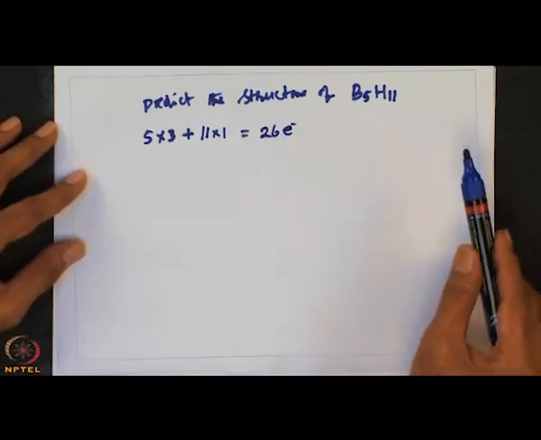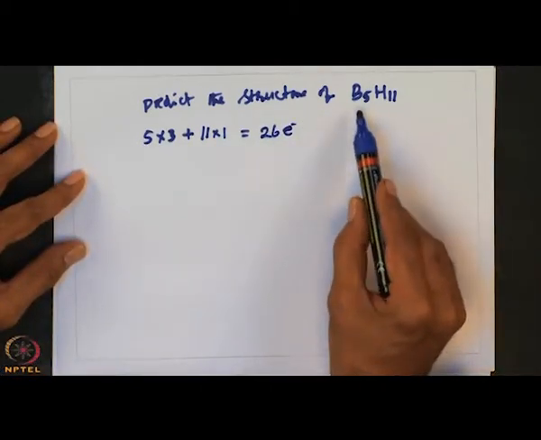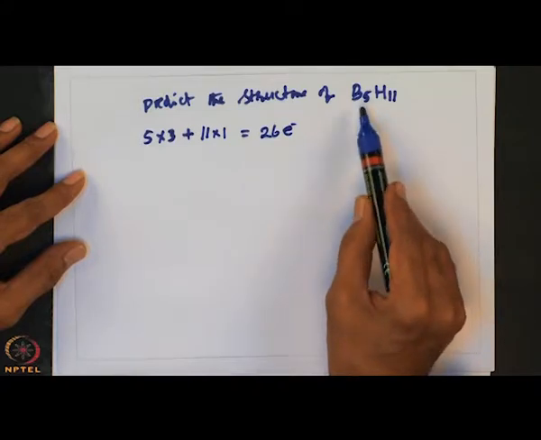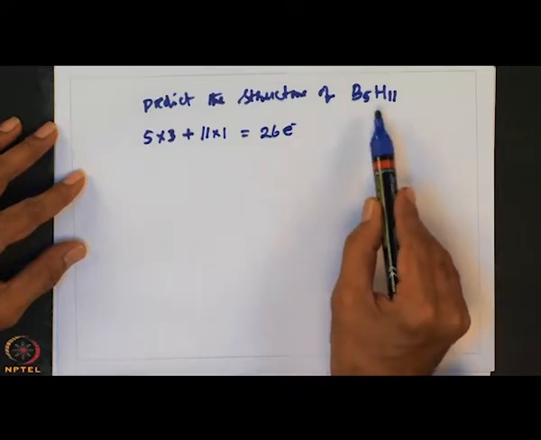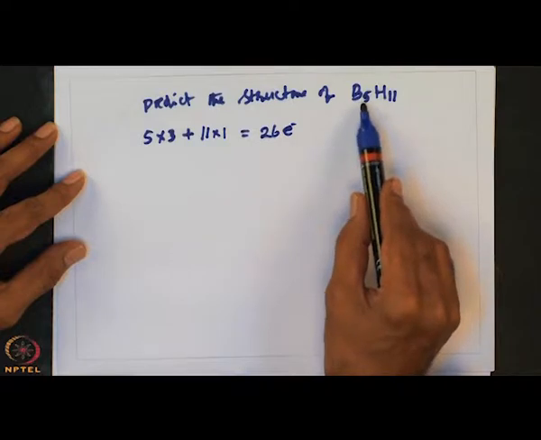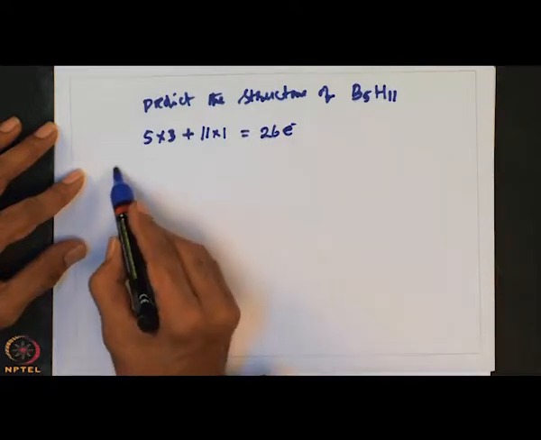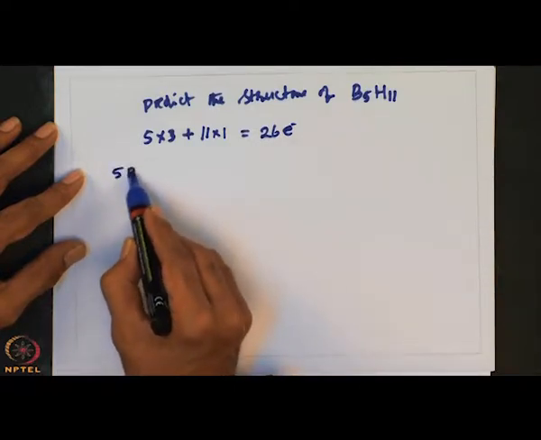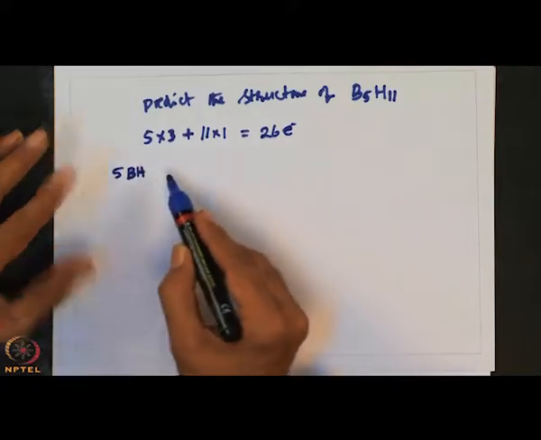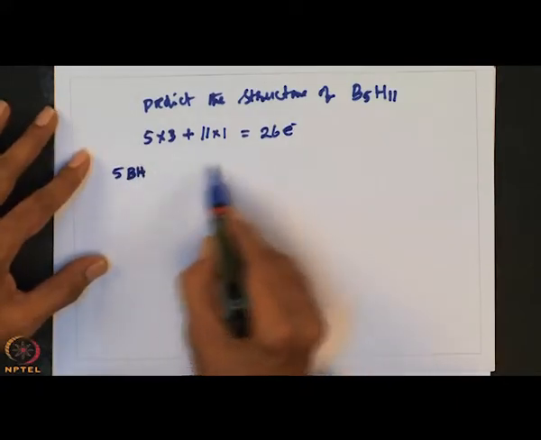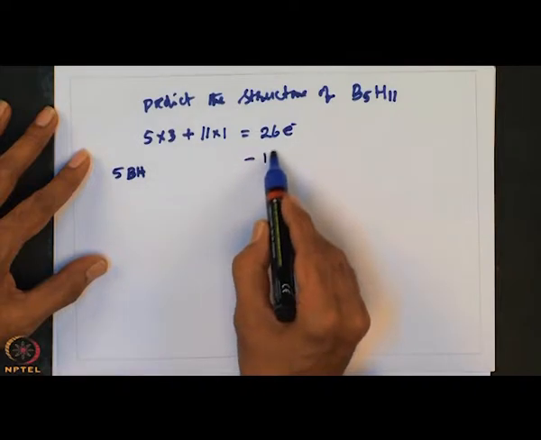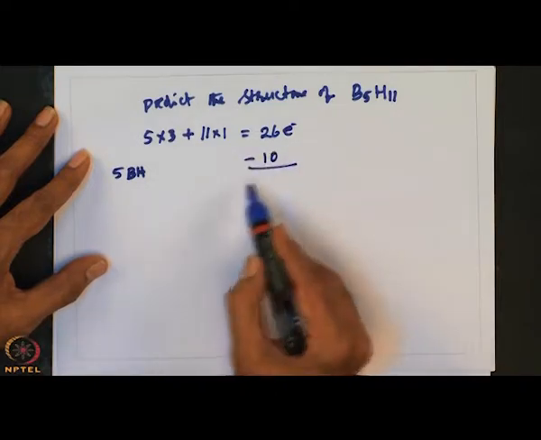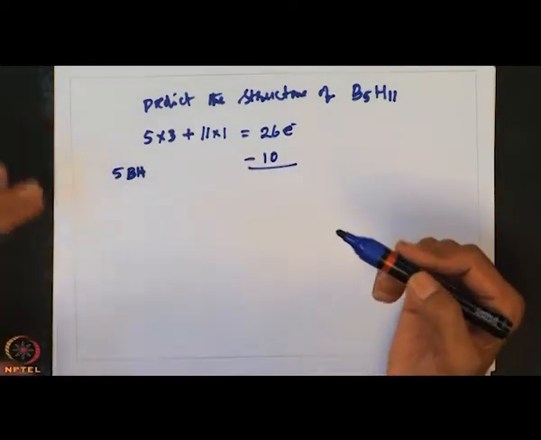Out of 26 electrons, we have to subtract 2 electrons per boron atom to make a BH bond. So, in this case, we have at least a minimum of 5 BH bonds, and each one will require 2 electrons. So, we should take 10 electrons from this, and then the remaining electrons will be utilized in cluster building.